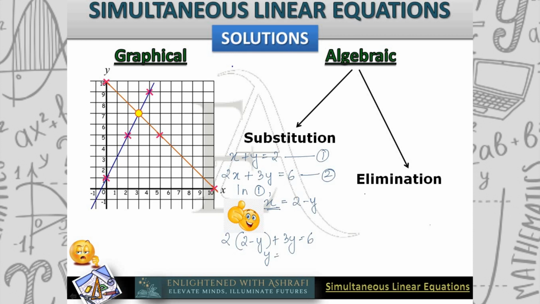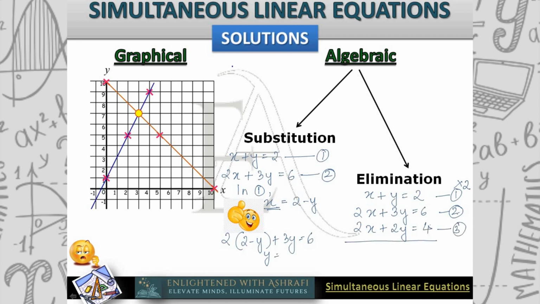Whereas in elimination, now we have x plus y equals 2 and 2x plus 3y equals 6. This is your equation 1, this is your equation 2. Here we have to eliminate one of the variables. So we can see over here, if we multiply the first equation by 2, we get 2x plus 2y equals 4. Let's label it as 3.